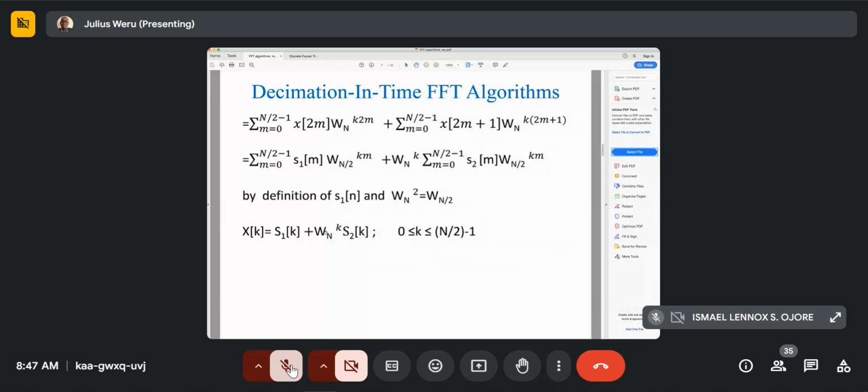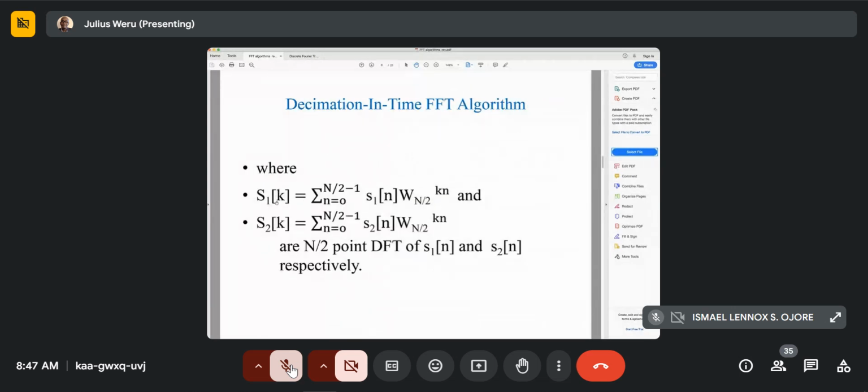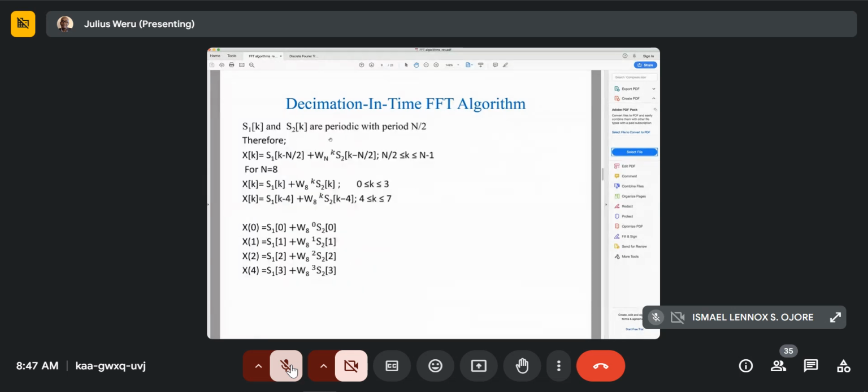Where S1 of k is S1n, when S1n is the even, these are the sequence of even samples, and S2n is a sequence of odd samples. Therefore, what we are saying here is because of periodicity, we can have x of k.